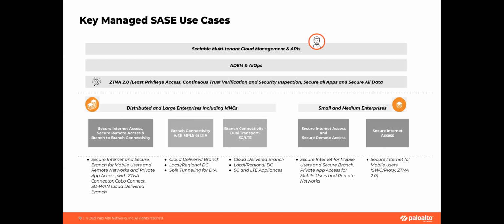We also support split tunneling for direct internet access, and large enterprises and MNCs can benefit hugely from a fully converged best-in-class security stack, which encompasses secure internet access, secure remote access, branch-to-branch connectivity, and more. This flexibility allows different capabilities for different market segments, while ensuring end-to-end security with the principles of ZTNA 2.0 that we spoke about.